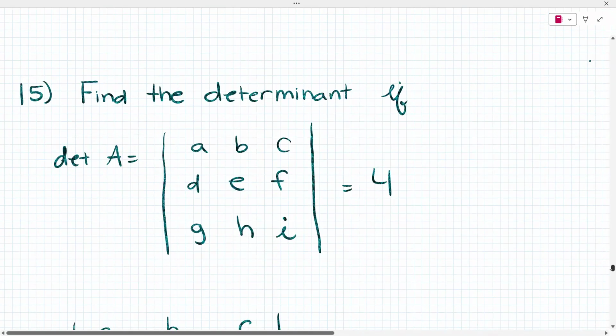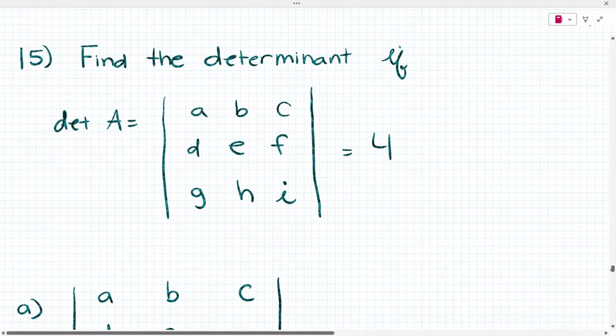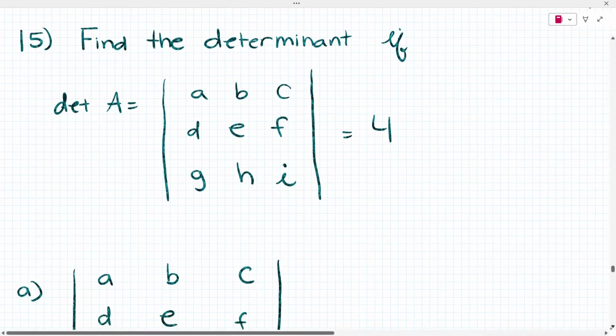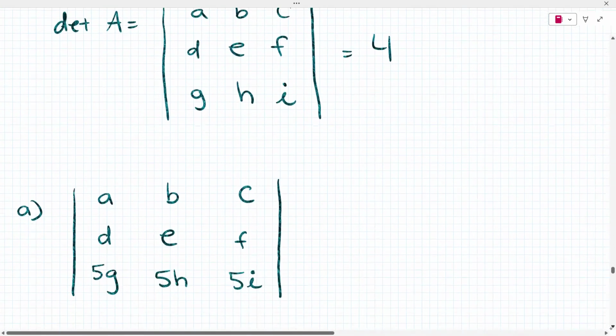Okay, 15 says find the determinant if determinant of A equals 4. So find the determinant if determinant of A is equal to 4. And in part A, we have this matrix.